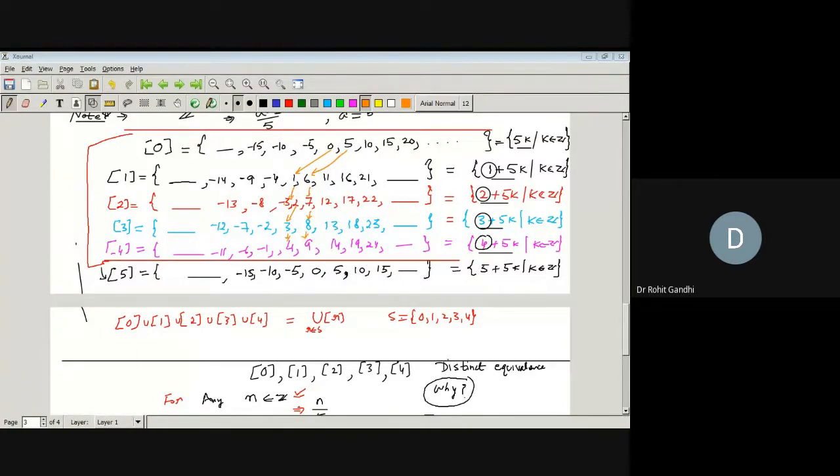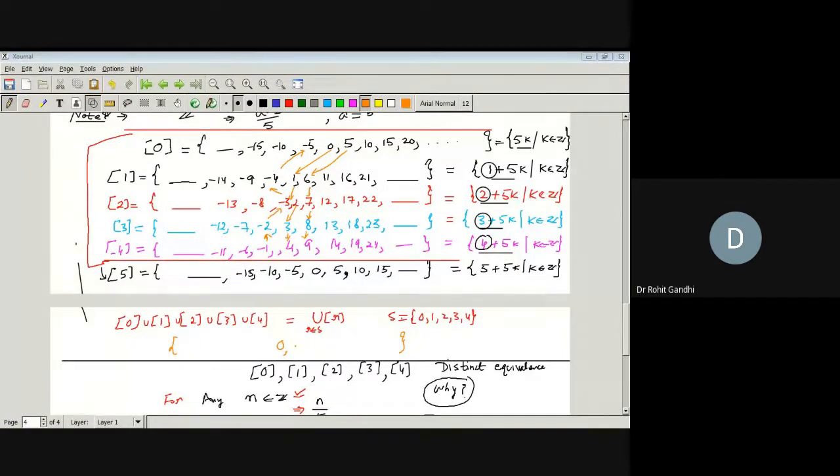And if I go backward, before 0 it should be -1, -2, -3, -4, -5. So I am getting this set, that is the set of integers. How many of you can see this?